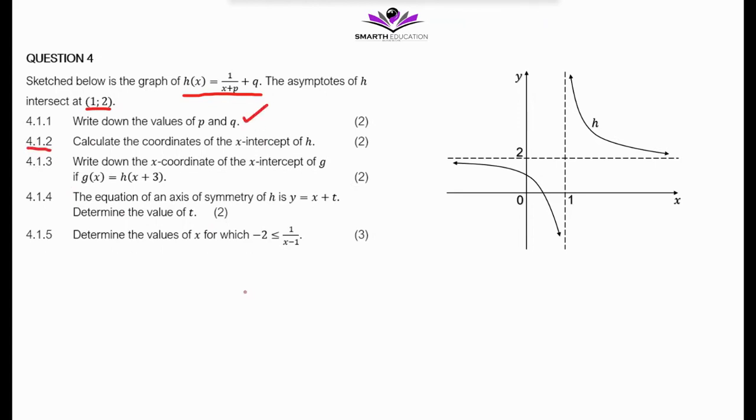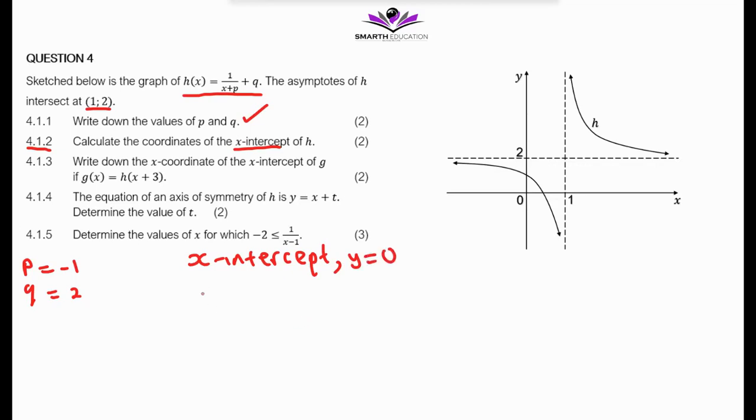Right, in the previous question, we managed to find that p is equal to -1 and q is equal to 2. Here we're asked to calculate the coordinates of the x-intercept of h. So we know that for the x-intercept, y is equal to 0.